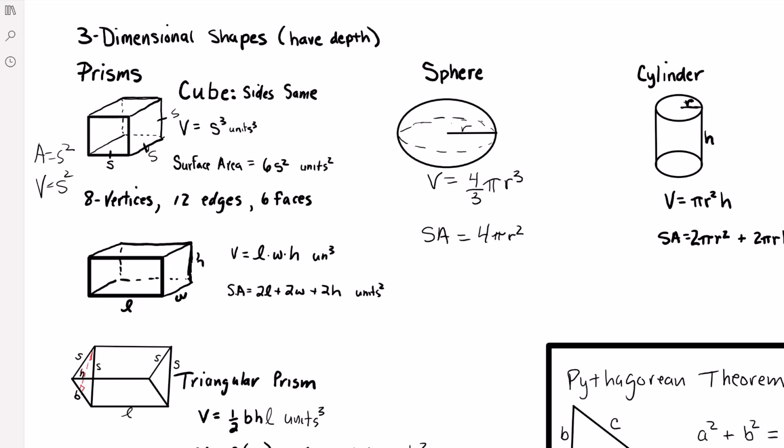If it's a rectangular prism, where the length, the width, and the height are all different, then remember, area is length times width. For volume, you're just going to multiply by the height. So it's the area formulas multiplied by that third dimension.